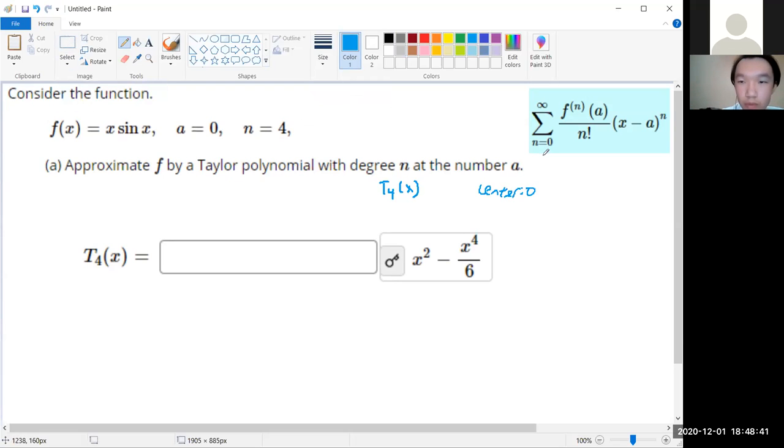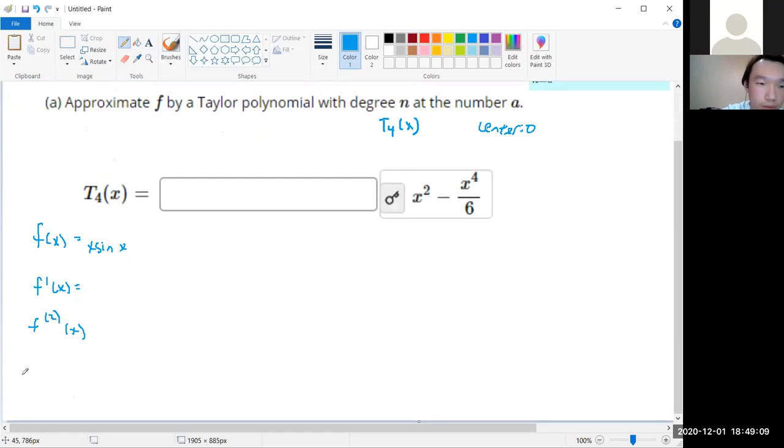There are actually two ways of doing this question. The first way is to do it like we did the last question, which is to find a derivative. So f of x equals x sine of x, f prime of x, you can find the next derivative, and then the next one. This is the second derivative, and then you keep going. But there is a reason why this method would not be very good. Does anyone see why we wouldn't want to find all these derivatives?